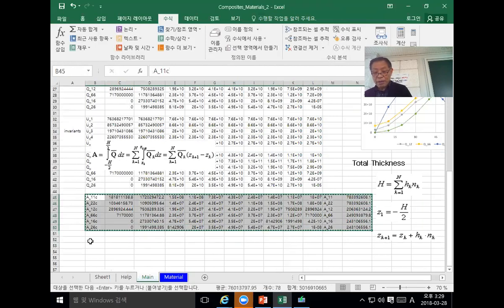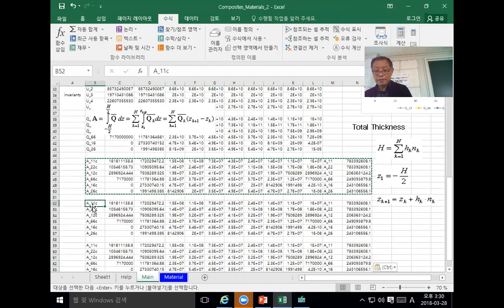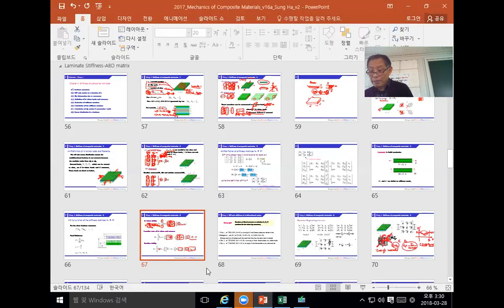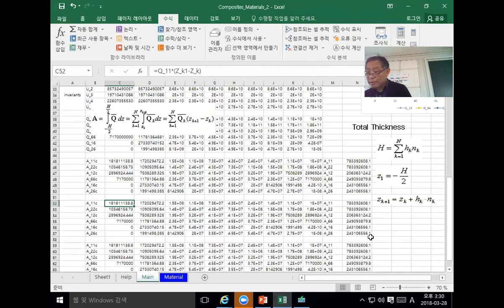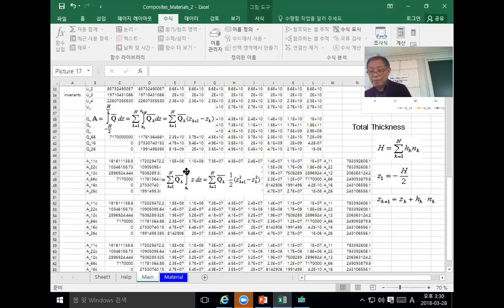Okay, let's move to the B matrix and D matrix. Instead of here, what do we need to do? See, now here we extend it to a square. This is the B matrix, with the square.